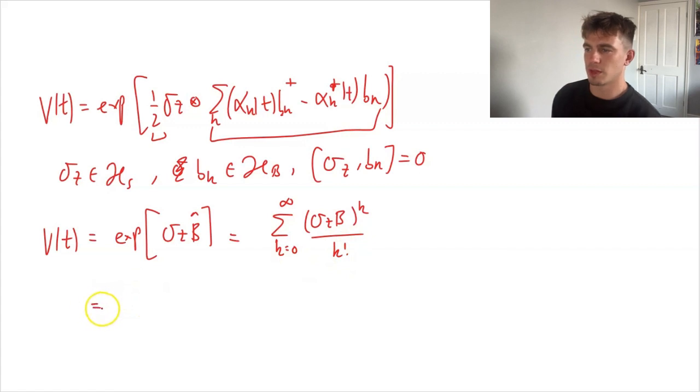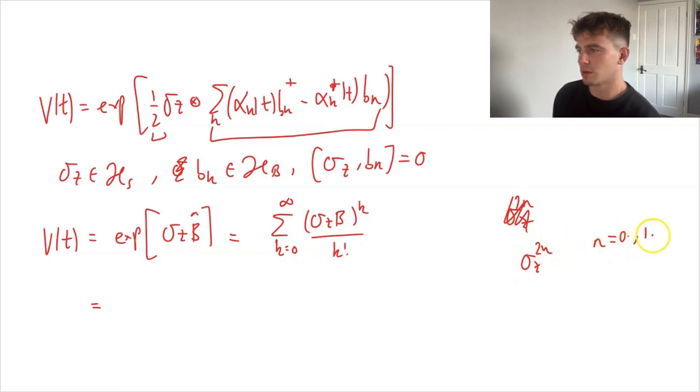And now I can expand this exponential out, and I'll use the fact that sigma z to any even power, so 2n where n is some integer, is going to equal the identity.